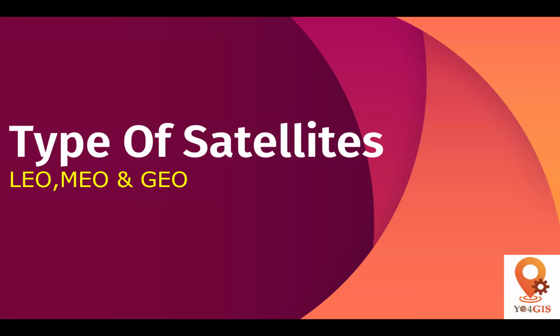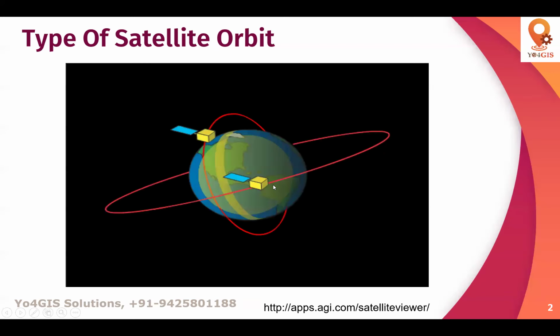Satellite is just a carrier. On the satellite, we have sensors. These sensors capture the energy in the form of light, and then it is converted to an image at the ground station. So now, what are the different types of satellites we have?